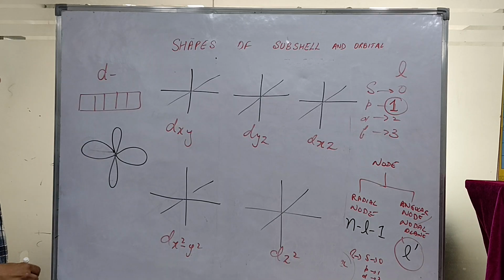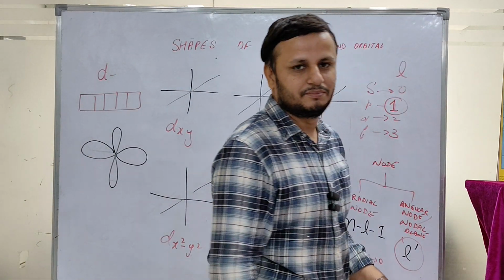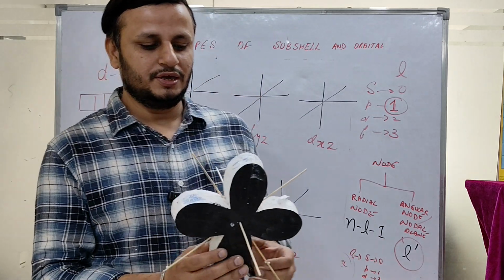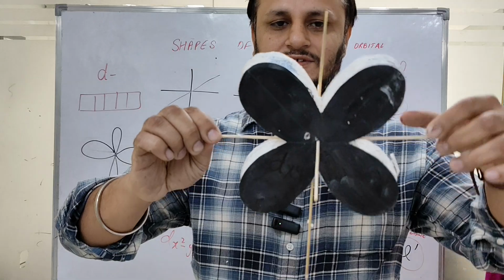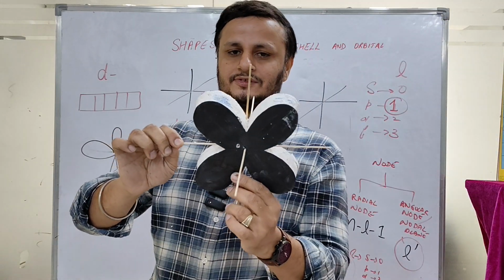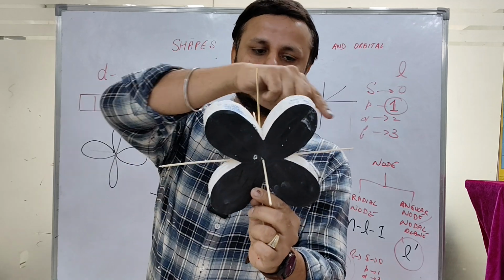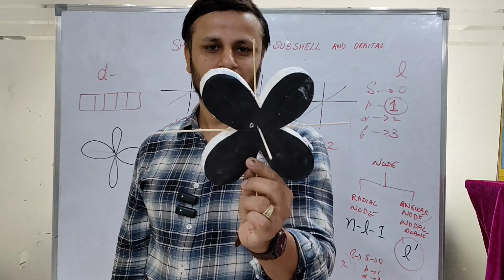Taking the x-axis and y-axis, the dumbbell lies between the x-axis and y-axis.